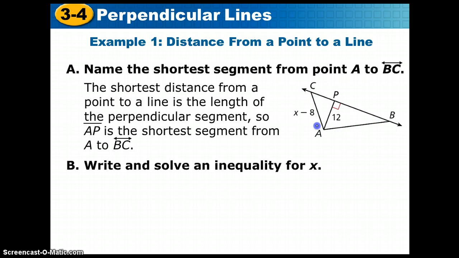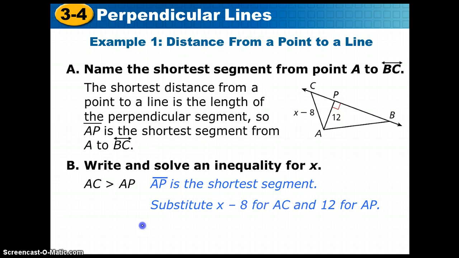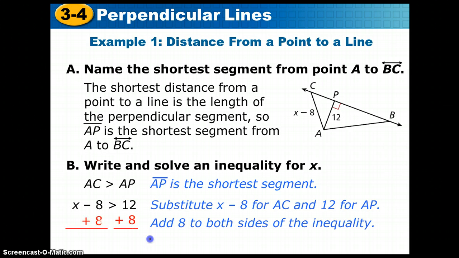But in this triangle, we know AC is longer than AP, so we can write an inequality. We know that x minus 8 must be greater than 12. Since AP is the shortest segment, AC has to be greater than AP. So if we substitute in those values, x minus 8 is greater than 12. If we solve this for x, we're going to add 8 to both sides and get that x is greater than 20.